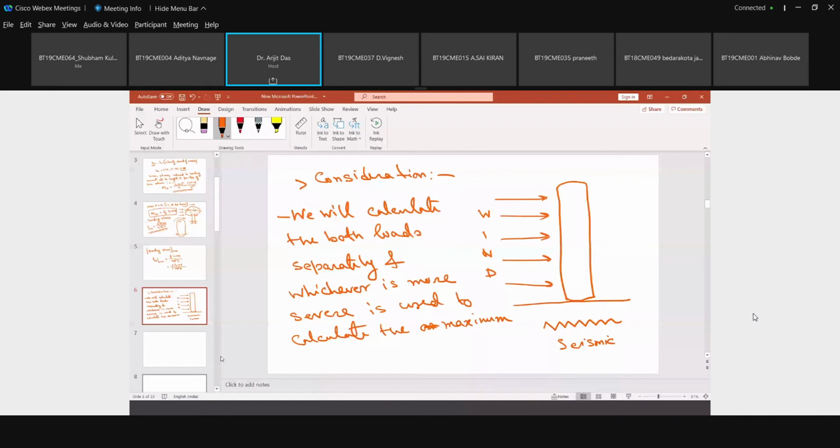We will calculate the wind stress and the seismic stress separately, and we will consider the one having the greater value or greater impact on the column, and consider that value only.